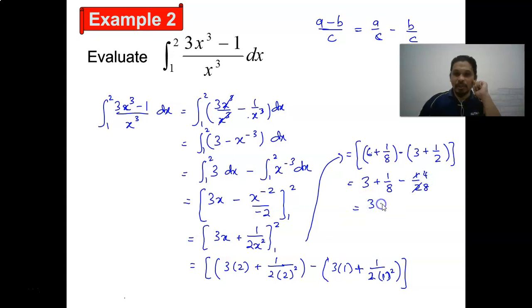So 1 minus 4 equal to negative 3 over 8, and then let's turn this into 8 times 3 is 24 divided by 8. 24 minus 3, 21 divided by 8. Okay, that is the answer then.